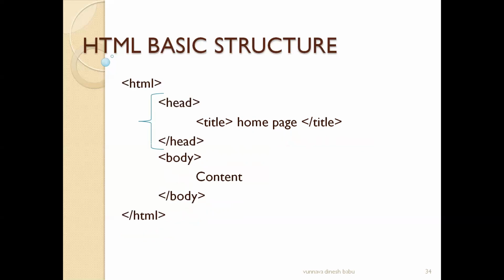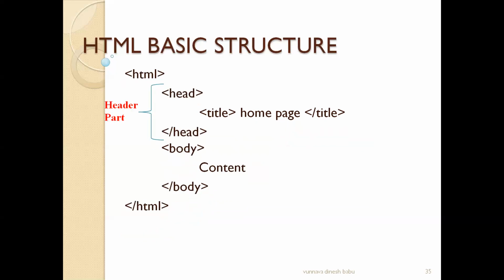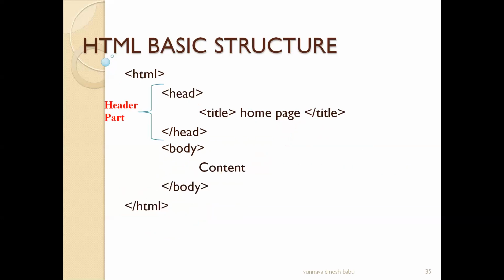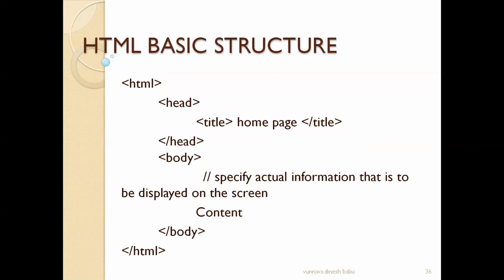And then let us see, from the opening tag of the head to the closing tag of the head, it is the header part. And then the body tag specifies the actual information that is to be displayed on the screen.